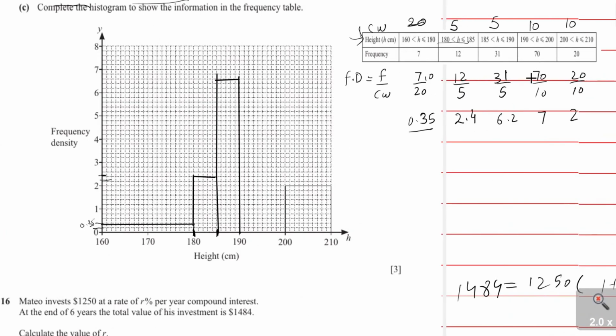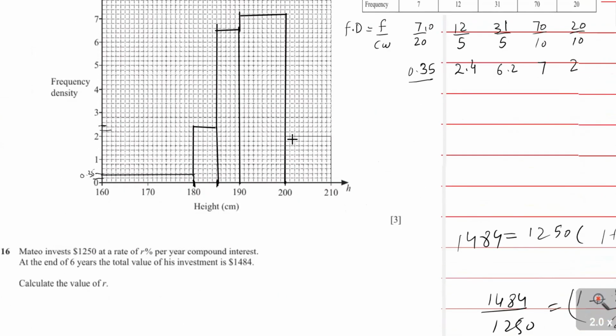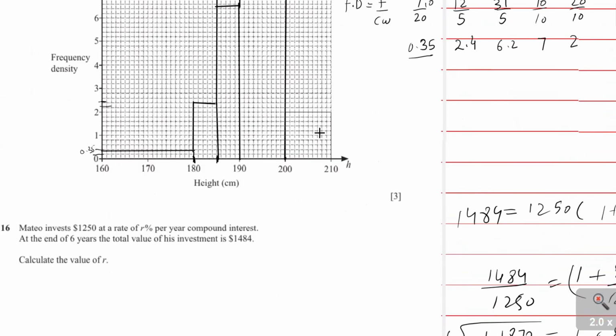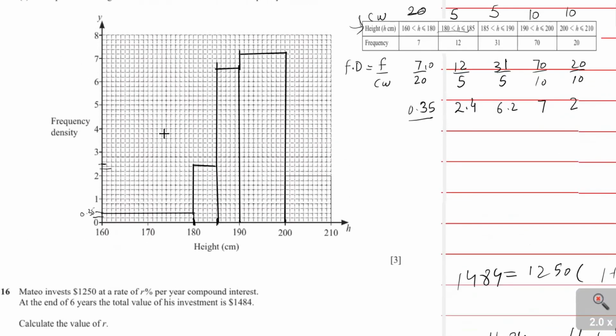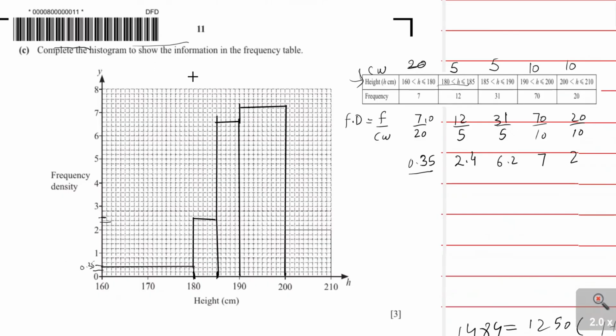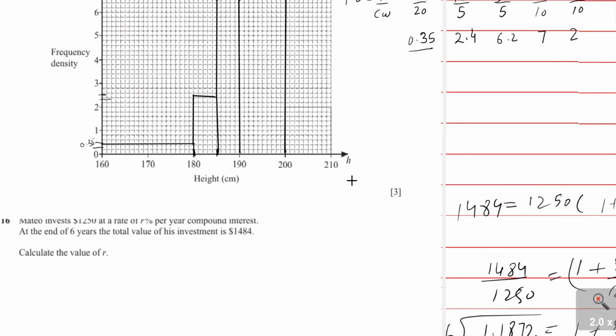Fourth is 190 to 200, and the height is 7. This will be the bar we will draw here, having a height of 7. And this is the last bar which is already drawn. Therefore, this is the histogram of this frequency table.